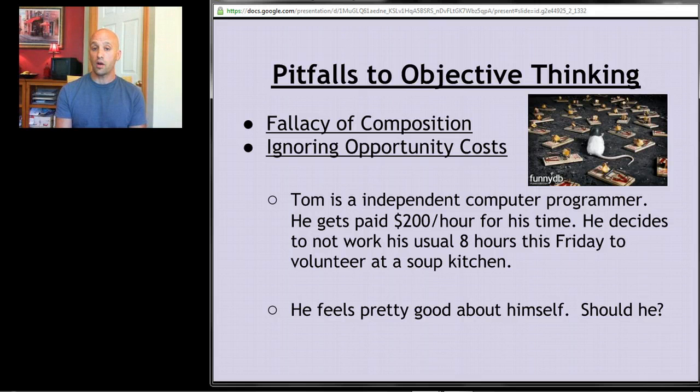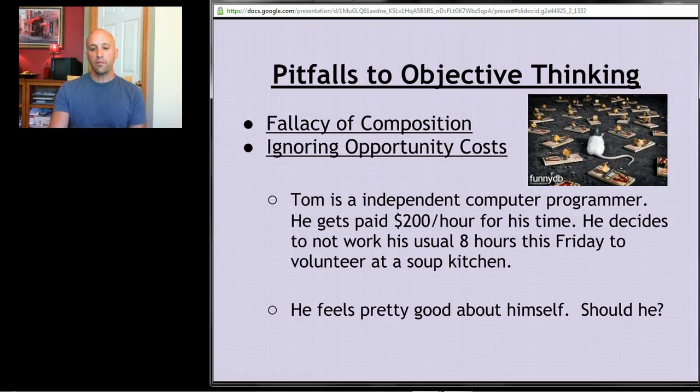If you really care about the poor, you should be working and giving away your money. I would say that Tom's actually being selfish so that he could feel good about himself. His actions are actually resulting in less poor people, less hungry people getting fed. That would be ignoring an opportunity cost. He simply thinks he's doing something good because he's ignoring the opportunity cost of what he could be doing otherwise.